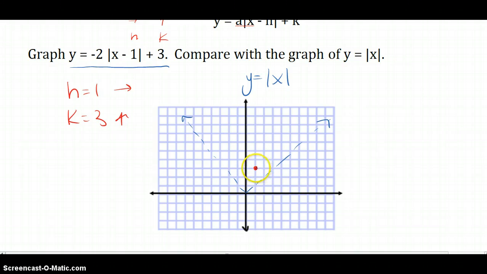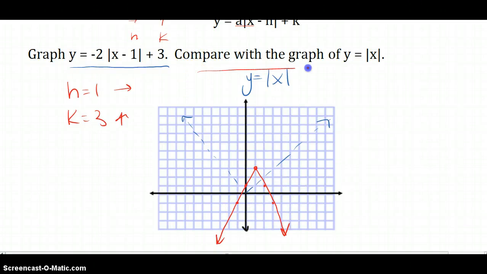So that means I'm going to go down 2 over 1, down 2 over 1. Same thing over here. And then connect your dots. You can see it's a little bit skinnier than if it had a slope of 1. And it's opening down because my number out here is negative. So that is your final graph.